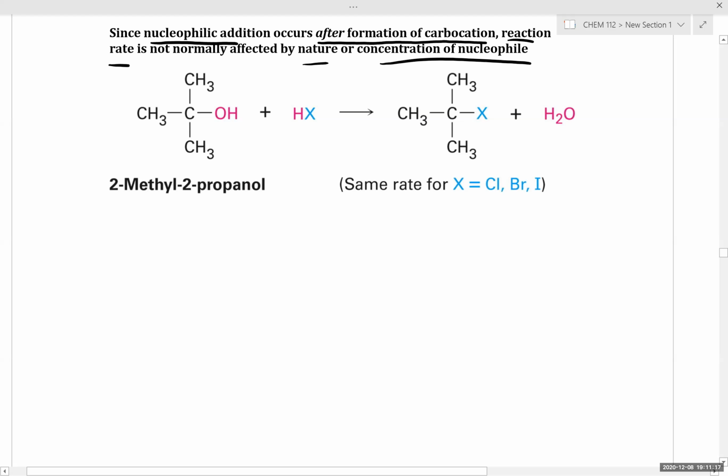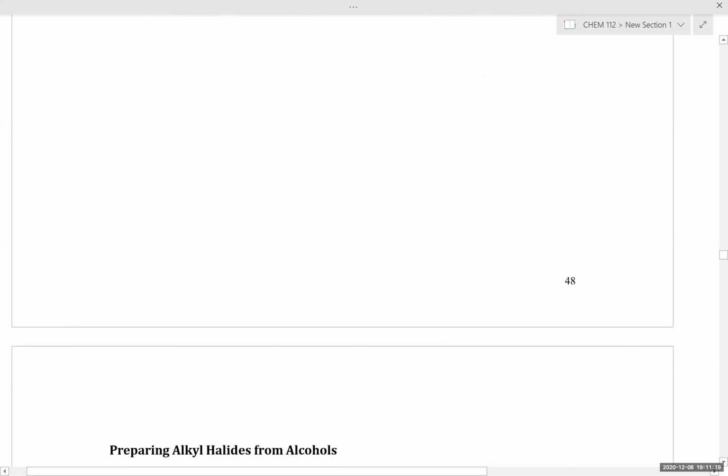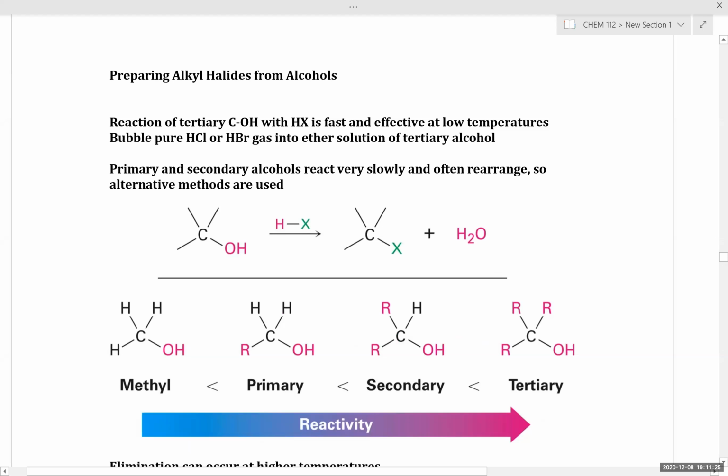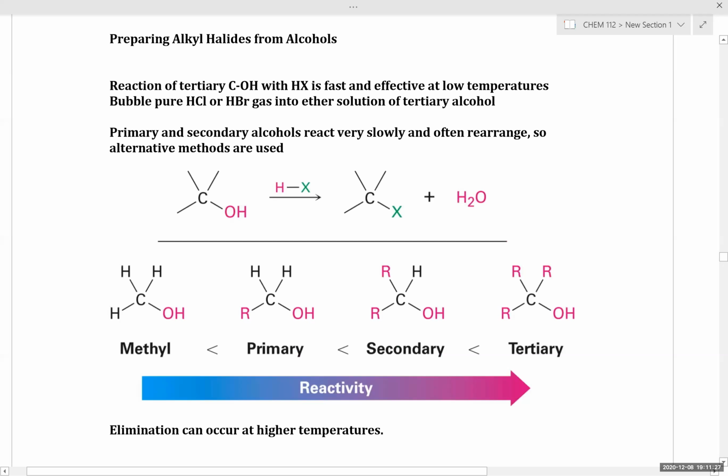Okay, so let's talk a little bit about examples of the SN1 reaction and some key features of the SN1 reaction. So when we're preparing alkyl halides from alcohols, the reaction of our tertiary alcohol with acid is fast and effective. Primary and secondary alcohols react very slowly.